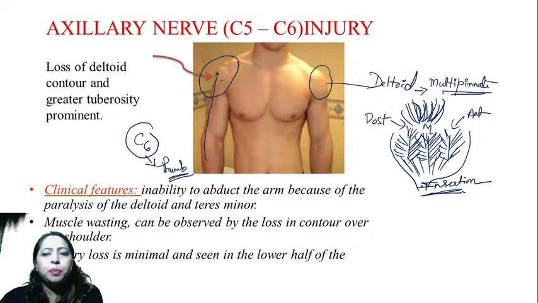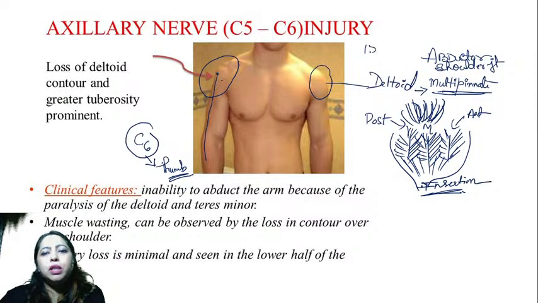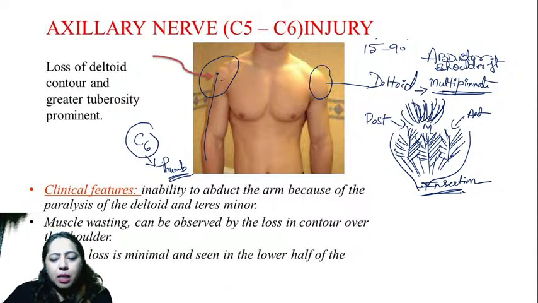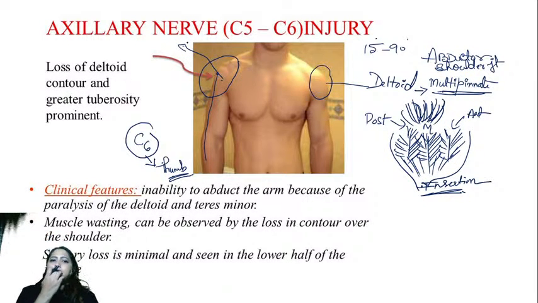Since it is a multipinnate muscle, it's a strong abductor of shoulder joint, from 15 degrees to 90 degrees. This is what it does. Sensory loss is also seen because axillary nerve supplies the skin over this region. So that's why sensory loss is also seen.